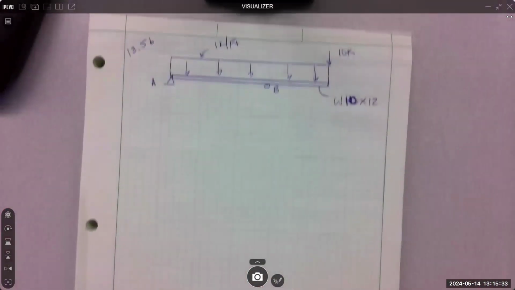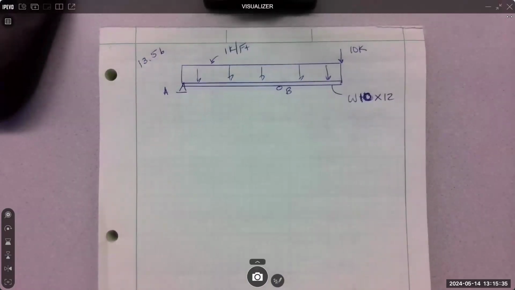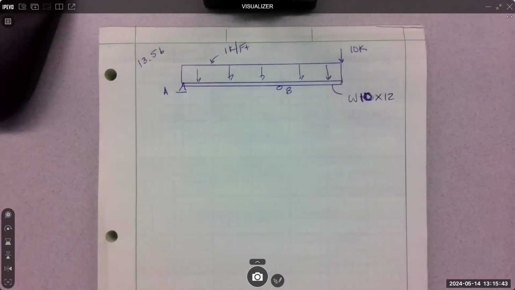So that's the beam, with a big distribution on it and a big concentration. The first thing we're gonna do is what it asks, which says calculate the reactions A and B for the beam shown.